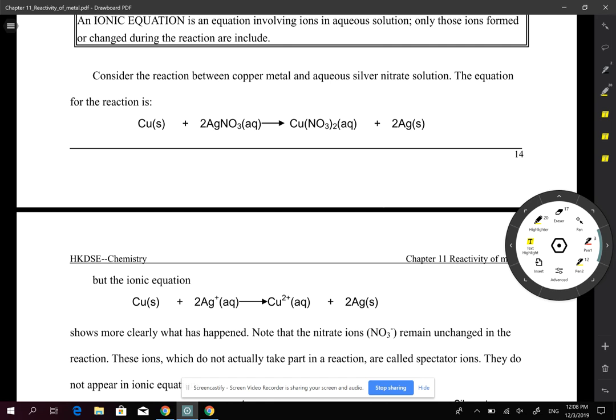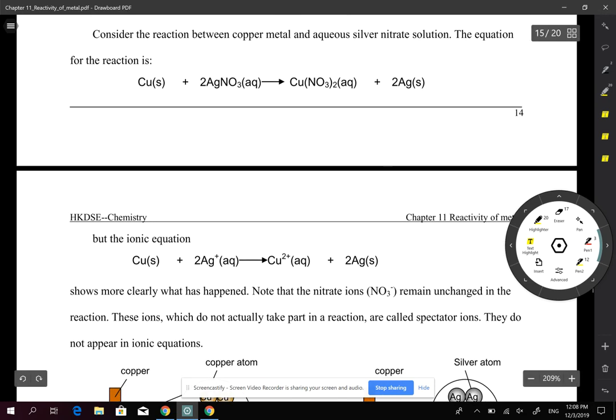So when we rewrite it into an ion equation, it will become like this. The nitrate ion, from the start and end of the reactions, does not change. It's still a nitrate ion. In the solution, it separates from the silver ion as NO3 minus ion.